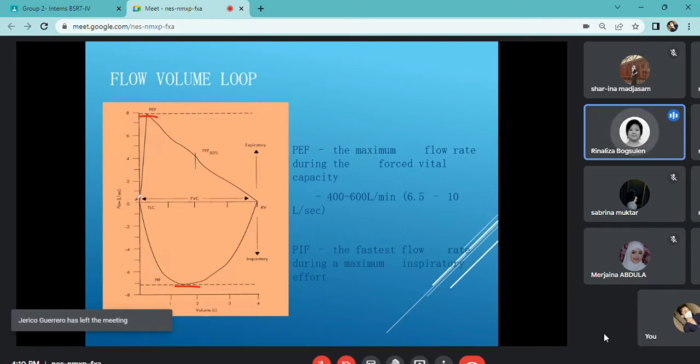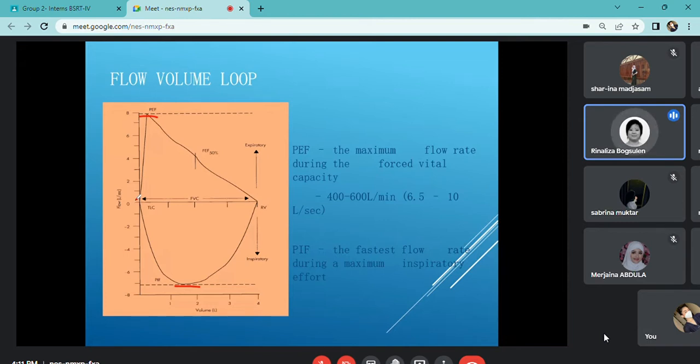Okay? PIF is the fastest flow rate during maximum inspiratory effort. This is PIF. This is your PEF. Normal value for your PEF is 400 to 600 liters per minute. If you're going to use liters per second, it's 6.5 to 10 liters per second. Okay?